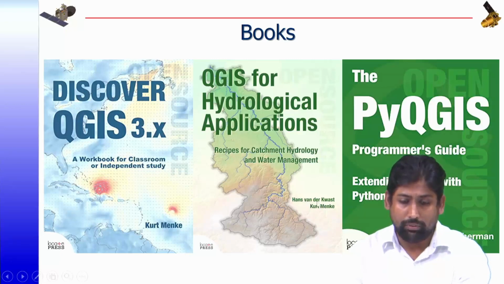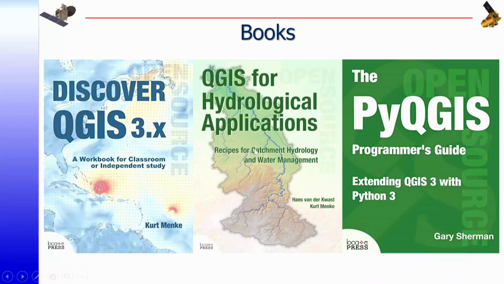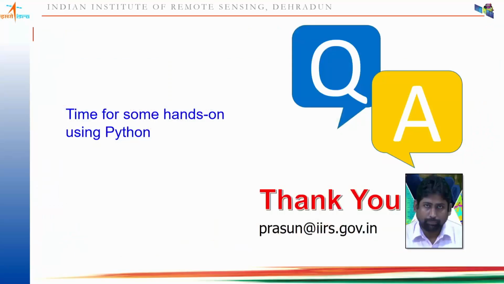Kurt Van der Kwast is a professor at IHE Delft, and he has written a book on QGIS for hydrological applications, which I think is very relevant to you. And also a book by Gary Sherman, one of the founders of QGIS, on PyQGIS, which is extending QGIS with Python 3. So let us jump to the tutorial in which I will show you how you can create your own plugin using Python, PyQt and PyQGIS.